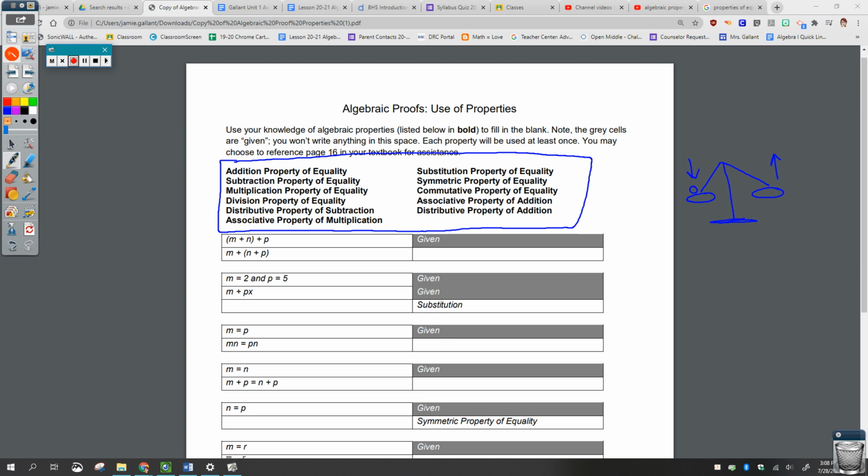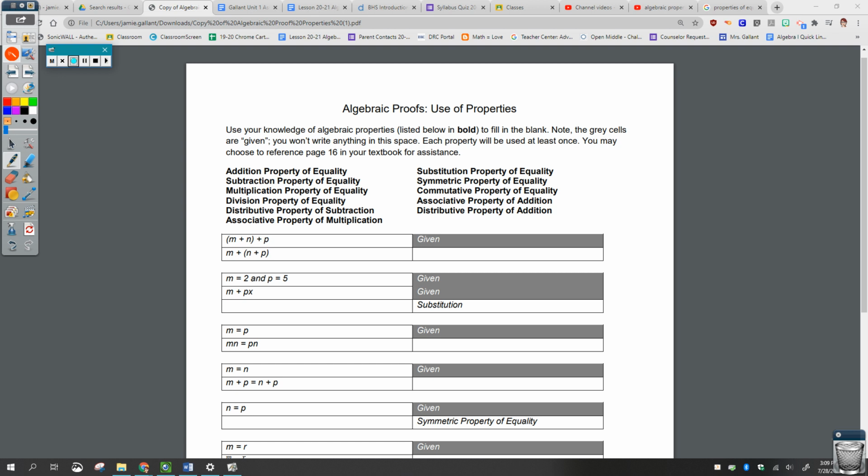So if I add something to the left, I have to add it to the right. It goes both ways. You have to keep things balanced. These properties of equality are a way of keeping both sides equal and keeping everything balanced. So, let's clear everything and go ahead and get started.